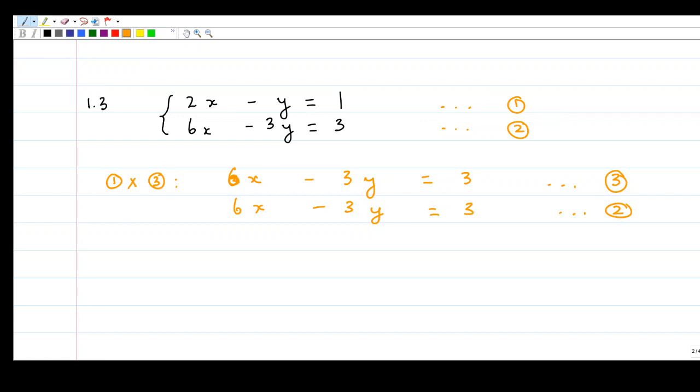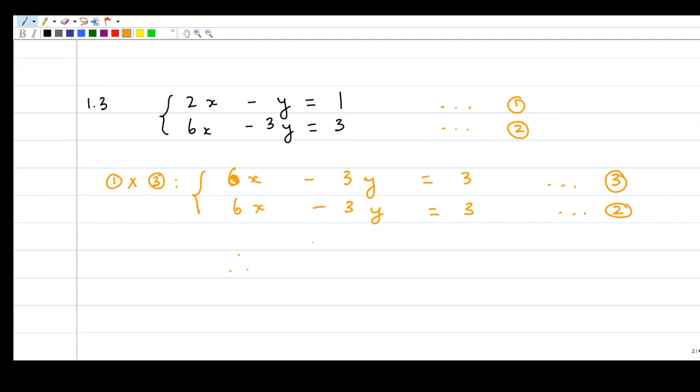And if you look at the equivalent system, we have the same equations. So it means that there's one straight line really, and for the two equations, the lines really coincide.